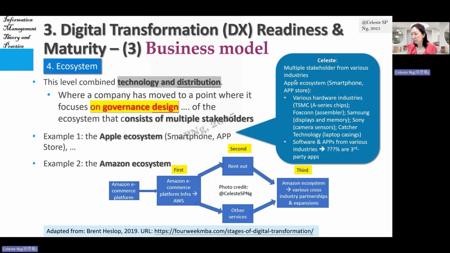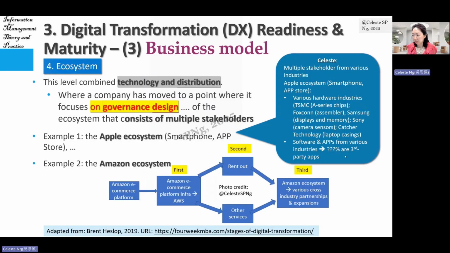And then in the Apple ecosystem, it does not only sell its smartphone, it also sells apps, right? And you know that 99.99% of the apps that we can download from the Apple App Store are from third-party app developers. All right, and these apps may come from different industries.